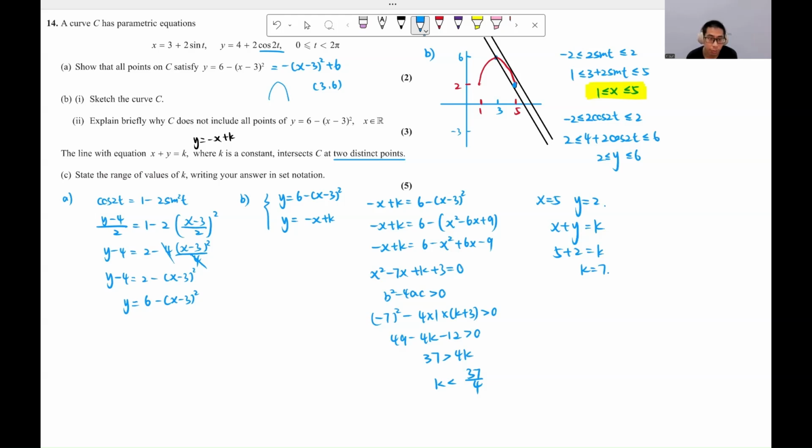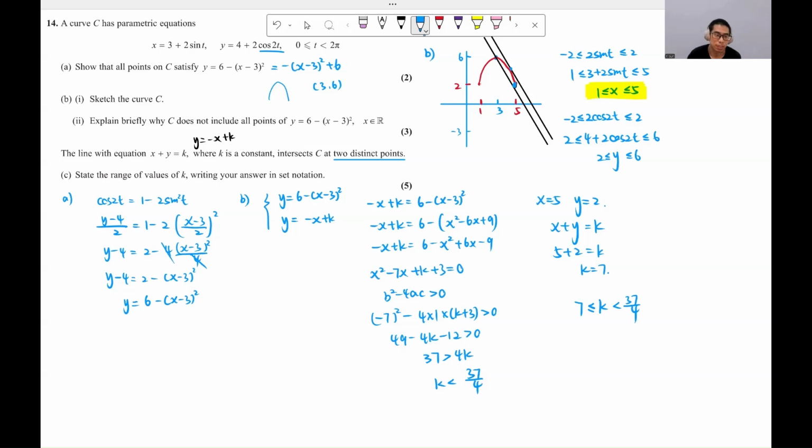And then therefore k has to be more than or equal to 7, because at that instant it's still two intersection points. And then less than or equal to 37 over 4, because this is the tangent, only one intersection point. So it has to be anything between those two lines. So more than or equal to 7 and less than or equal to 37 over 4.